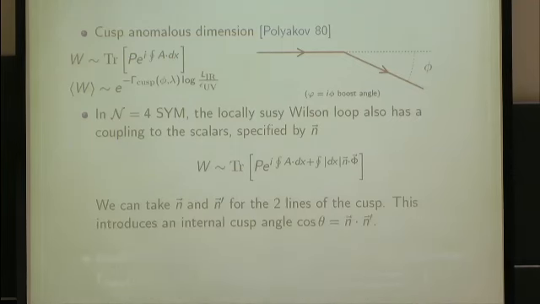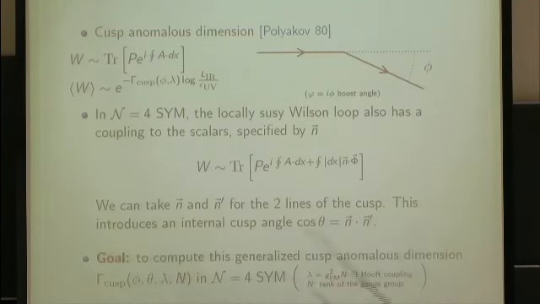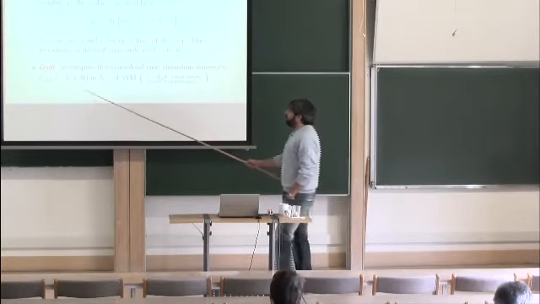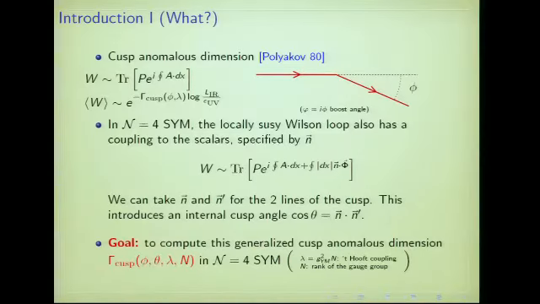So in N=4, the Cusp anomalous dimension of such a Wilson loop is going to be a function of two angles. One is this geometrical Cusp, and the other one is this internal Cusp. And of course, it's going to be a function of the coupling and the rank of the gauge group. So this is what I would like to describe exactly.